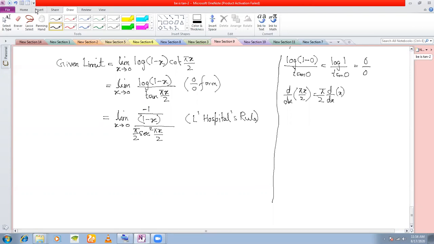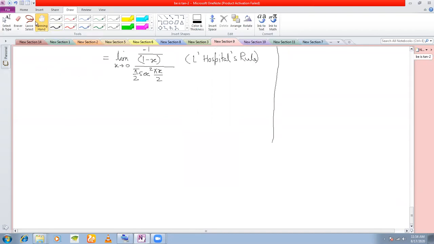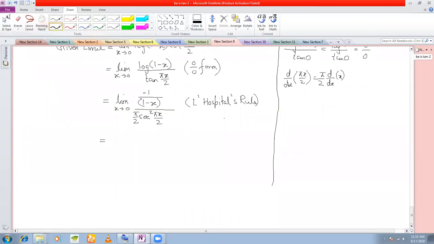In the next step, you will now check whether you have got a determinate form or not. So you have minus 1 by 1 minus 0 divided by pi by 2 sec square 0.